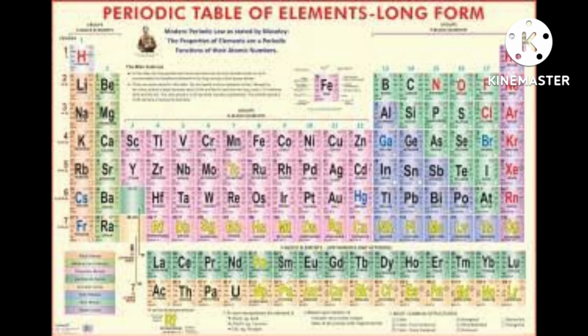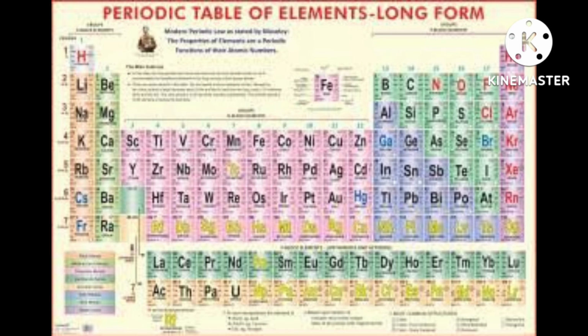In the old periodic table, groups were classified as 1A, 2A, 3A, 4A, 5A, 6A, 7A and 8, starting from 1A to 7A, and the last was the 8th group.